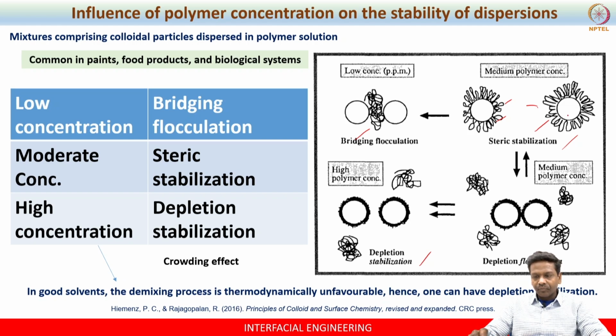So these two particles cannot penetrate any further because of the physical barrier or steric hindrance, right? So this is nothing but steric stabilization. When you have polymer concentration from moderate to high, you can expect depletion flocculation or depletion stabilization.